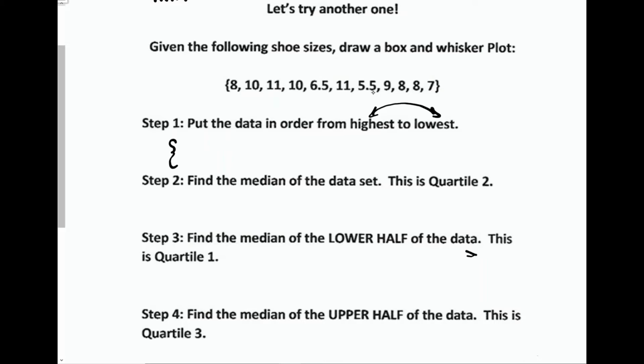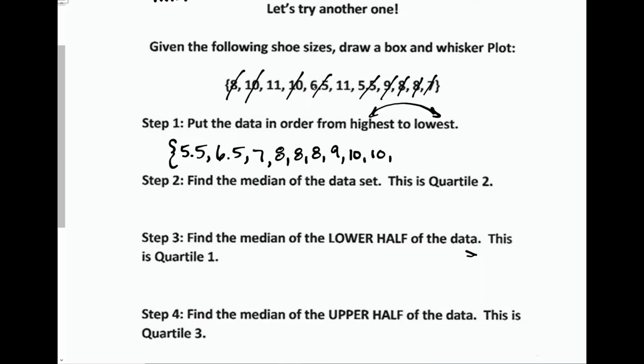The lowest data point I have, or data value, is 5.5, then 6.5, then I have a 7, I have 1, 2, 3 eights, 1, 2, 3, I have a 9, I have 2 tens, and I have 2 11s.